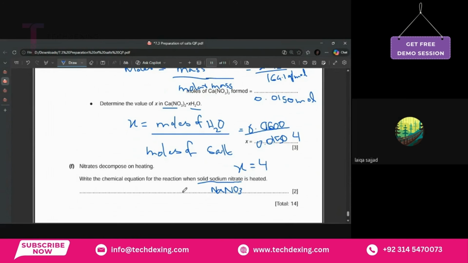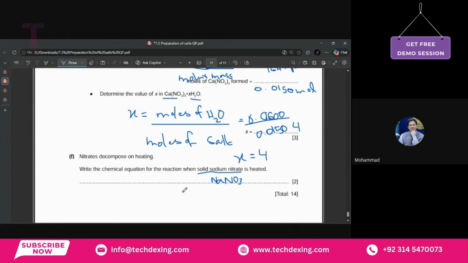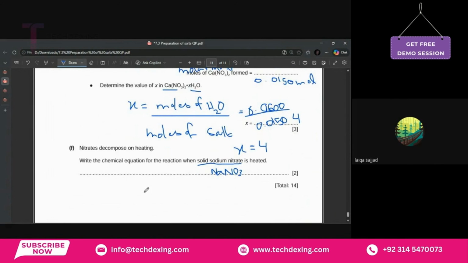It actually undergoes a decomposition reaction. So what would be the products? NaNO2 plus O2. Very good, excellent. So when we have sodium nitrate, it gets broken down into sodium nitrite and oxygen gas.